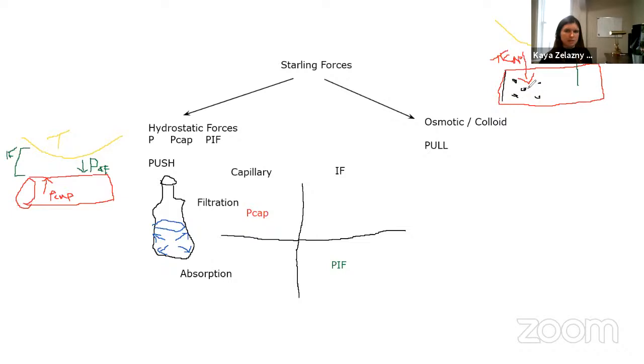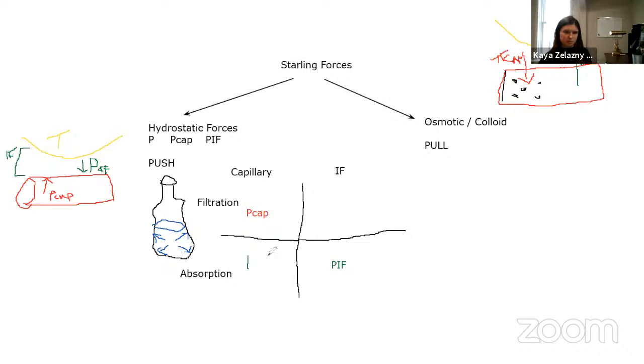The difference between those pulls is which direction they're pulling. So pi cap is a pull on water by the blood. Pi IF is a pull on water, but towards the interstitial fluid. So our pull from the capillary is going the same direction here, so this is a force for absorption.